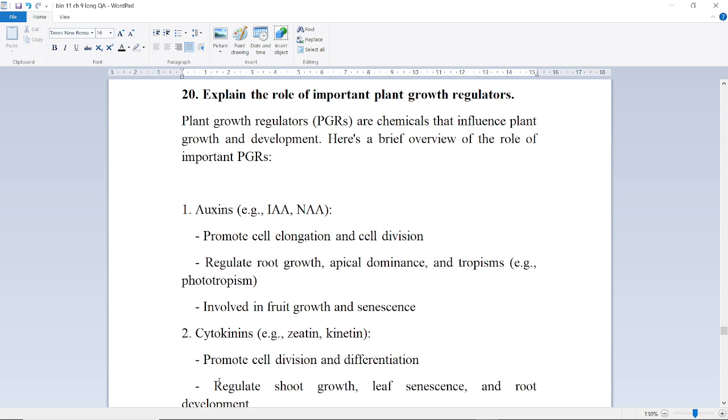Next question is: explain the role of important plant growth regulators. Plant growth regulators (PGRs) are chemicals which influence plant growth and development. Here is a brief overview of the role of important plant growth regulators. First of all, auxin, which promotes cell elongation and cell division, regulates root growth, apical dominance, and tropisms, for example, phototropism, involved in fruit growth and senescence.